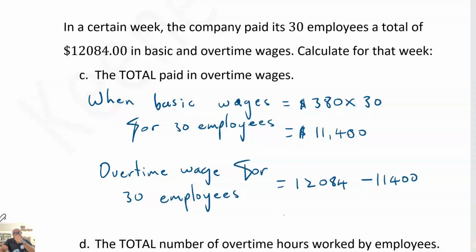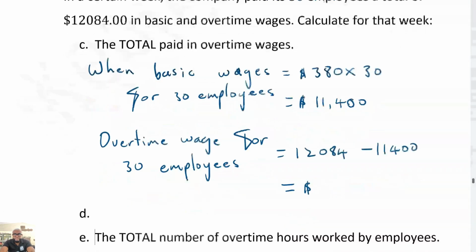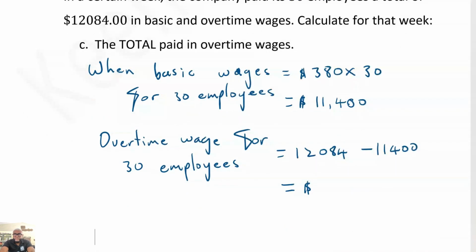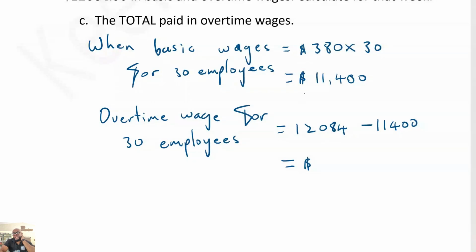Which will give me how much? How much is the overtime? 684. So this is the overtime, the total overtime wage for 30 employees.